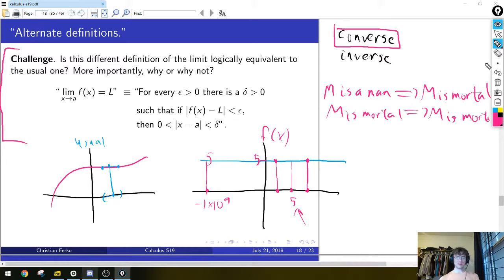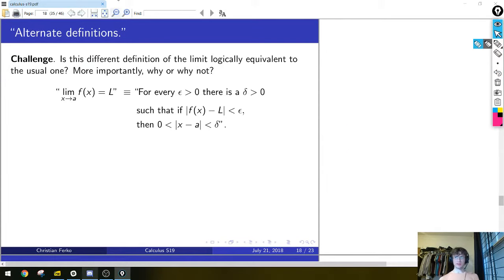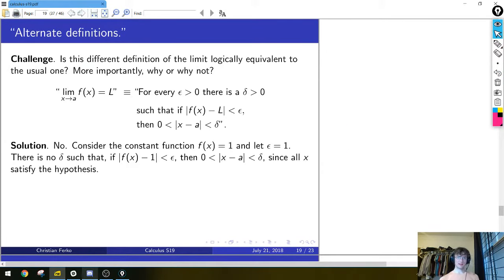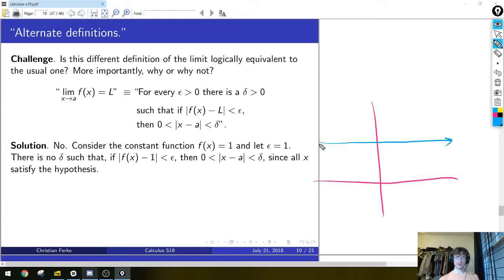So this one is not logically equivalent to the original definition, and here's why. Consider the constant function f of x equals 1. We're going to disprove that if the output is close to 1, then the input is always close to 1.